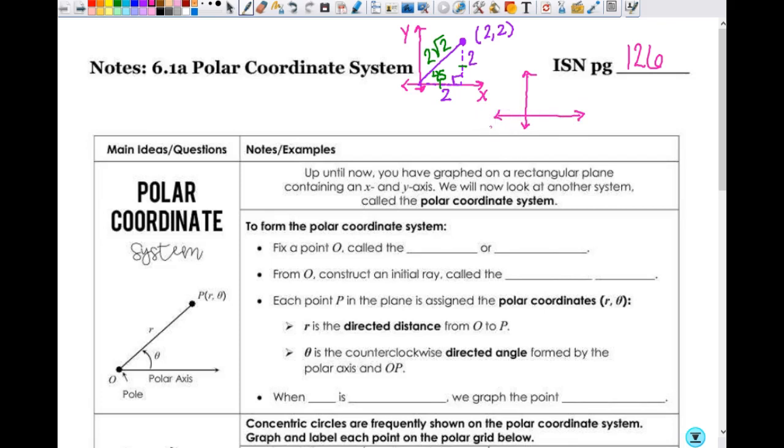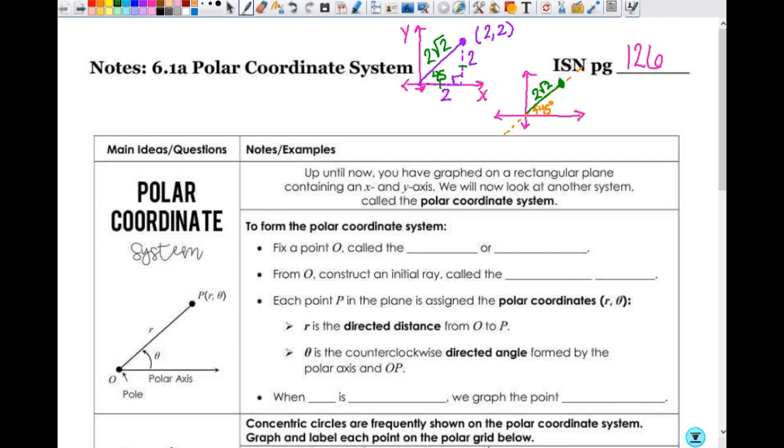Instead of getting an ordered pair where I have to go to the right 2 and then up 2, if I swing out, I'm here at 0, and I rotate to get to what I know is a 45-degree angle, right? So we rotate it up, and I know I have rotated 45 degrees. Then from the origin, if I go out a distance of 2 square root of 2, then wouldn't this point be in the exact same place as the other one?